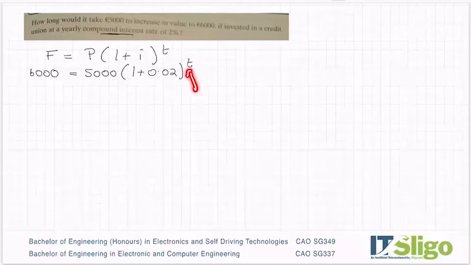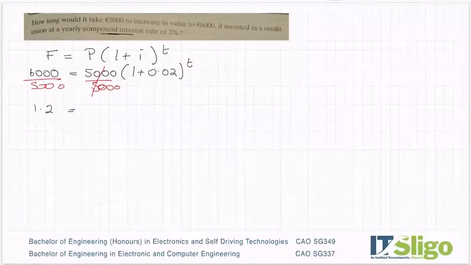Okay, so I'd like to isolate the side on the right, basically isolate t, get at t. So the first thing I'm going to do is get rid of the 5,000 by dividing both sides by 5,000, because they'll cancel there, and then 6,000 over 5,000 is 1.2.